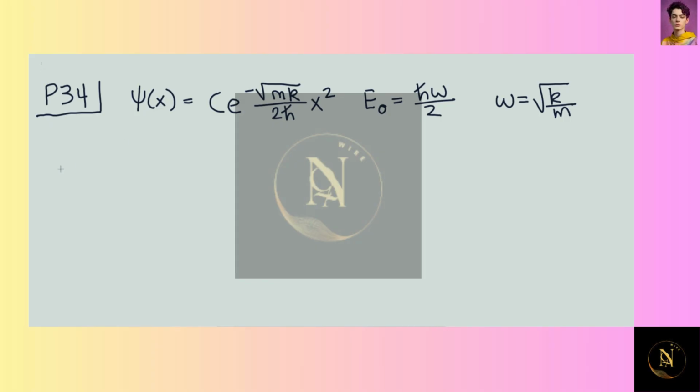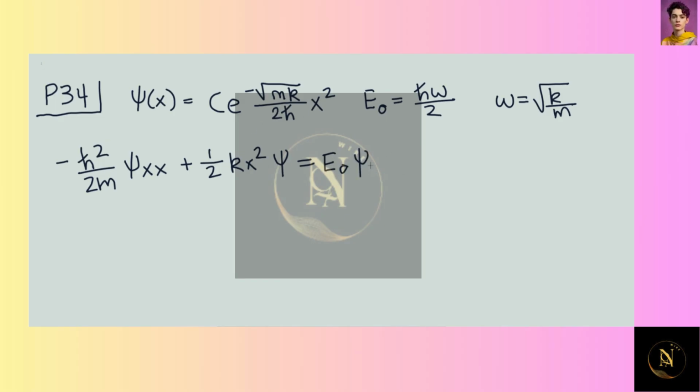So starting out, we have the time-independent Schrodinger equation: negative h bar squared over 2m, second derivative in space of our wave function, plus the potential, which in this case is 1/2 kx squared, times the wave function, equal to E naught times the wave function, psi.